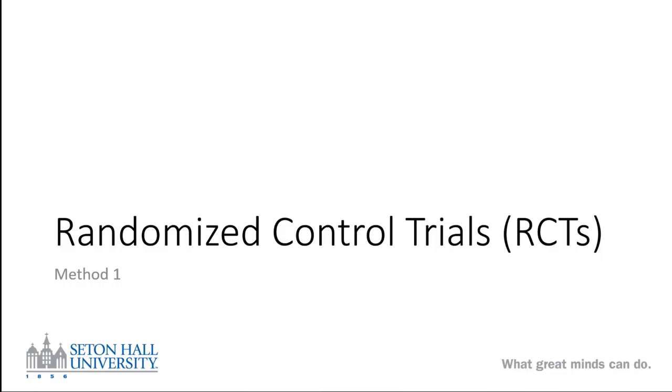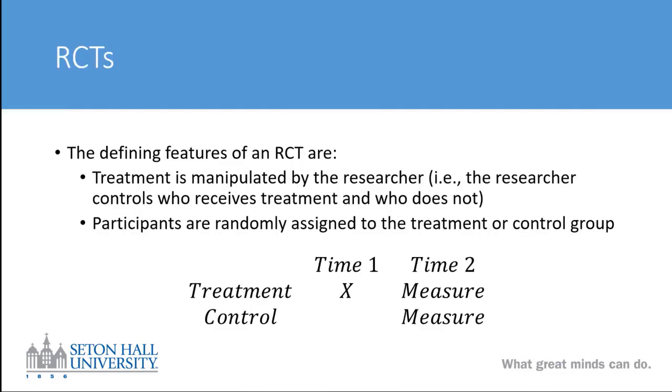So what is it about an RCT that makes it so desirable? So there are two defining features of an RCT. The first is that treatment is manipulated by the researcher. So the researcher or the research team has full control over who receives treatment and who does not receive treatment.